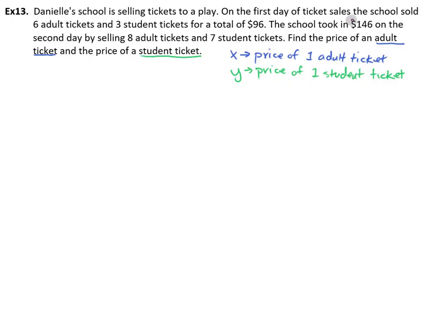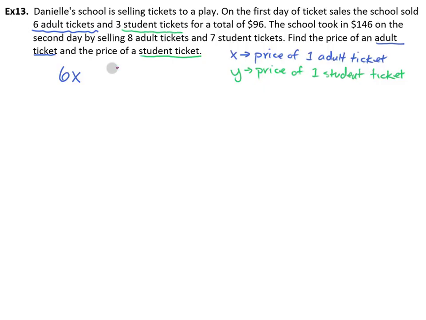On the first day of ticket sales, the school sold 6 adult tickets. So adult tickets are x. They sold 6 of them, right? 6 times the price of an adult ticket would tell me how much we brought in from adult tickets.